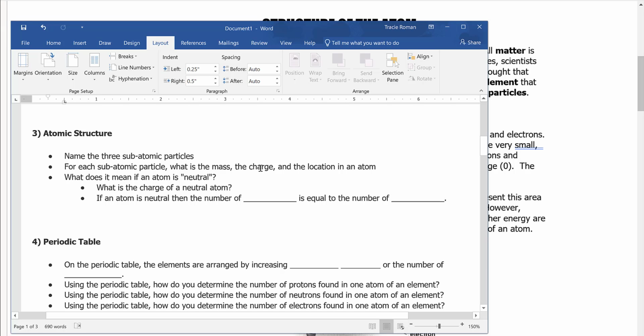The charge of an electron is -1, and the location of an electron in an atom is in the electron cloud. And a neutral atom has a charge of 0. And if an atom has a neutral charge, then the number of protons are equal to the number of electrons.